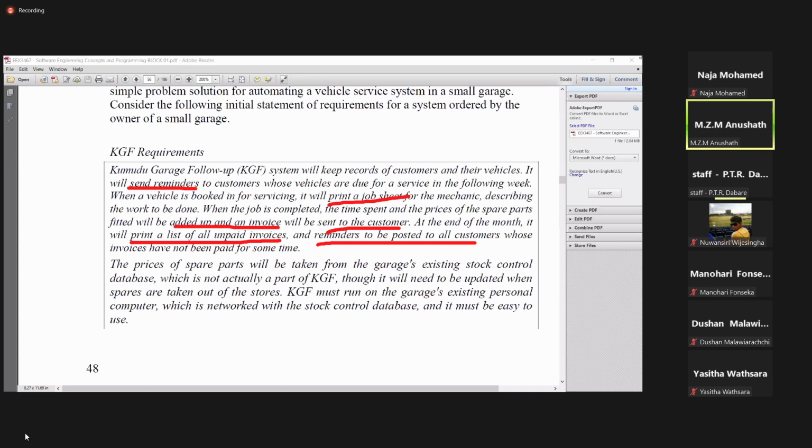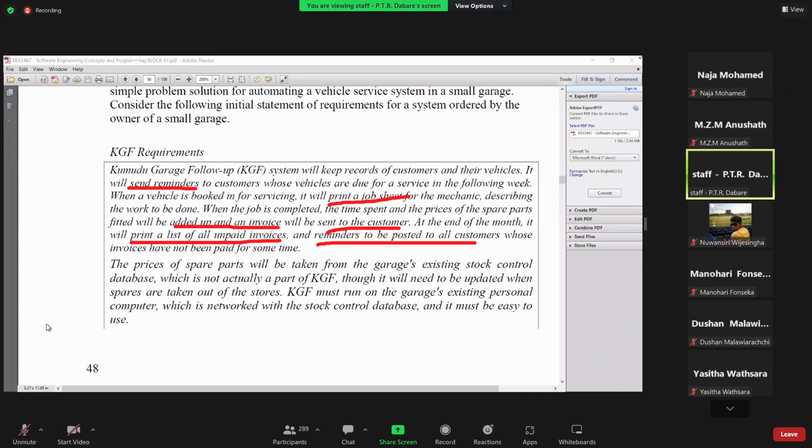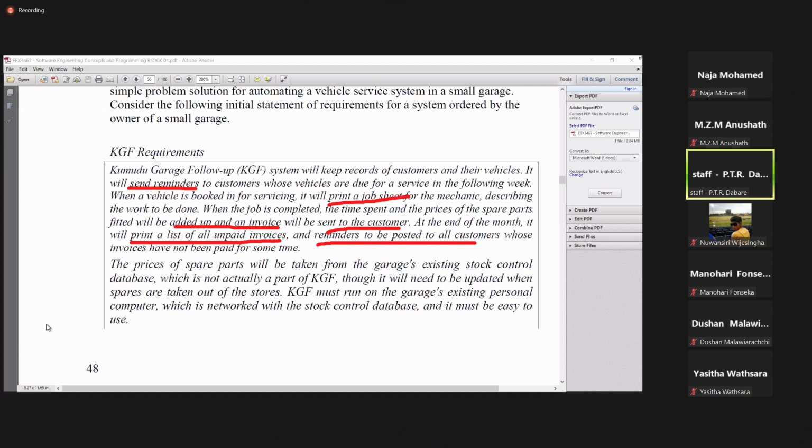The functional requirements are things, actions, isn't it? We call them actions or functions, right? Functions are like verbs, things that the system will do. The system should send reminders, print a job sheet, prepare an invoice, send it to customers, print an unpaid invoice, send a reminder to customers, and there can be many more.